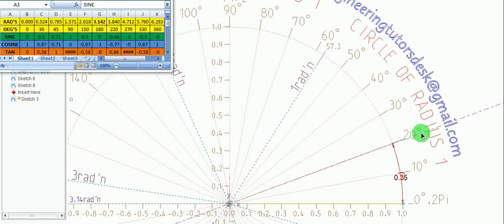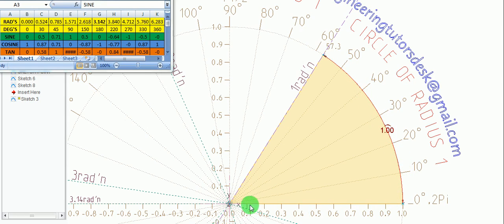At 20 degrees, it is 0.35. At 30 degrees, it is 0.53. At 40 degrees, it is 0.7. At 50 degrees, it is 0.87.